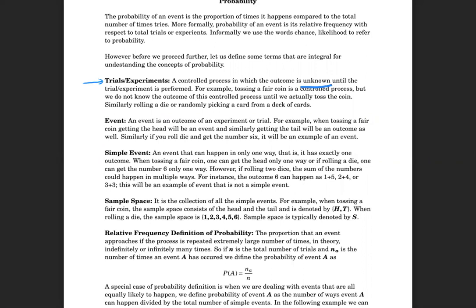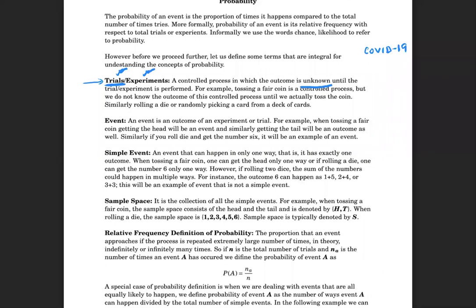If a person takes the COVID-19 vaccine, that's a controlled process, okay? So you could think of it as a trial or experiment. In the medical industry, they call it a trial, more so than experiment. So you can interchange these words.